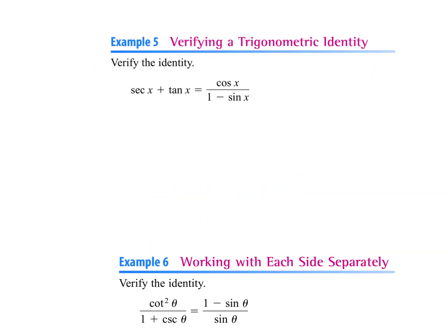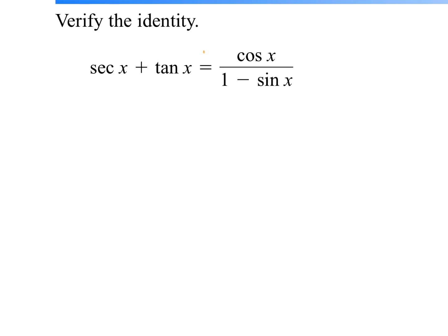Let's look at example 5. Which side do you want to simplify first? Sure, we could simplify the right. I would suggest the left here, even though the right looks a little bit more complicated because it has a fraction.